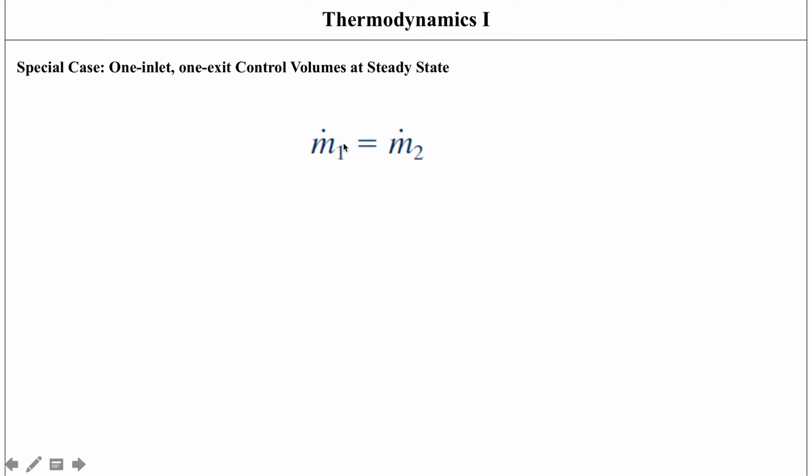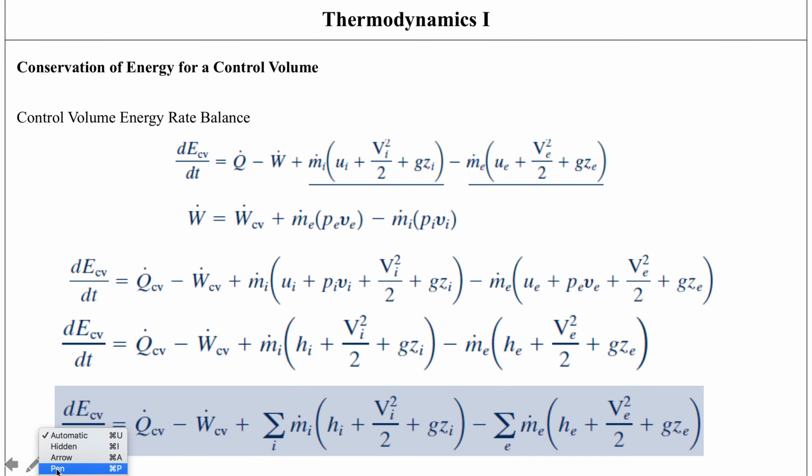Before I do that, I'm just going to look at this equation again, and write the steady state forms of the mass and the energy rate balance. The mass one we already saw in the previous video, that for a steady state system the conservation of mass equation reduces to this equation.